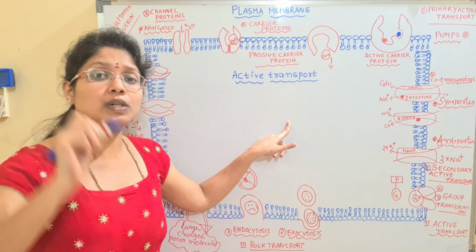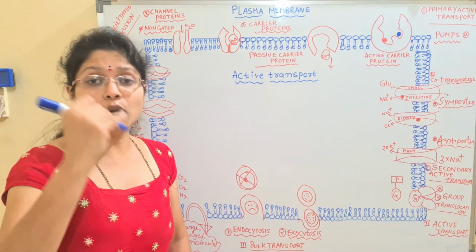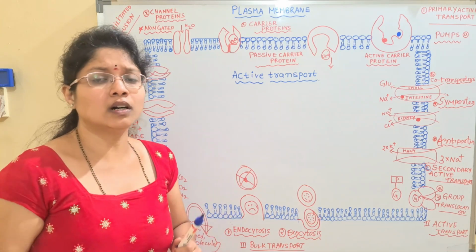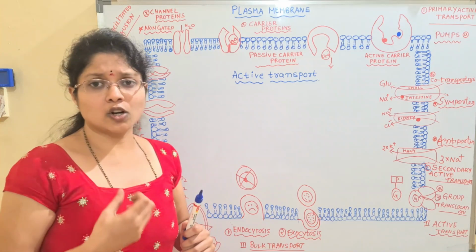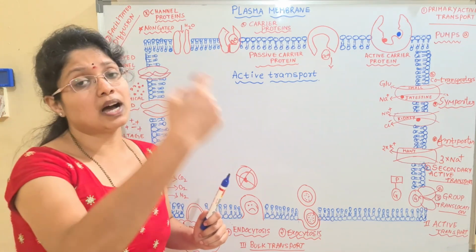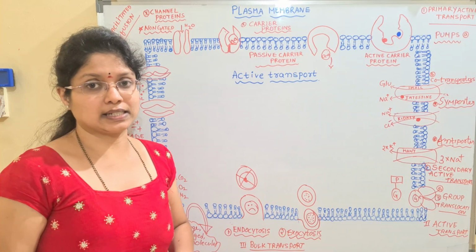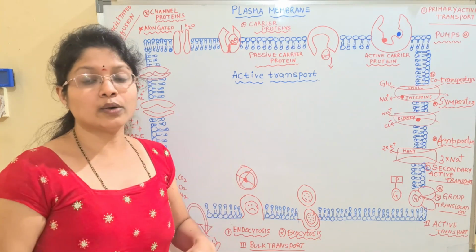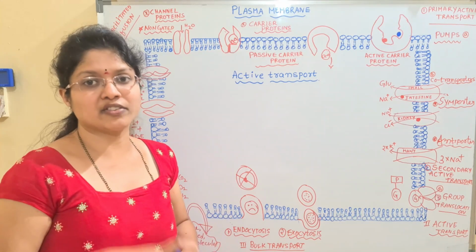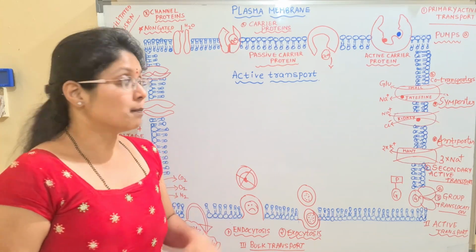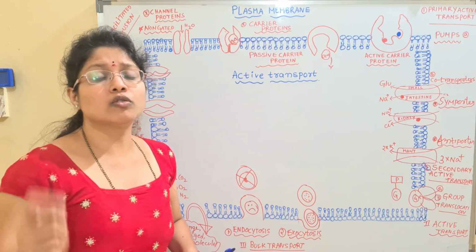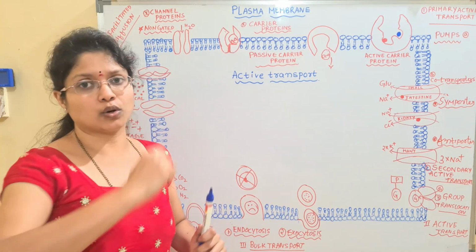Here the molecules tend to move from lower concentration to higher concentration, which is a reverse of the normal state, that is from higher concentration to lower concentration. Generally the molecules tend to move from higher to lower, which we call osmosis if it is happening through a membrane. But in active transport, the molecules move from lower to higher concentration.